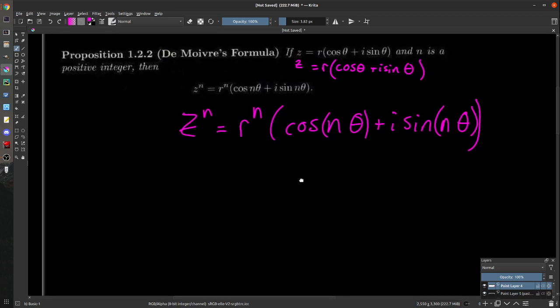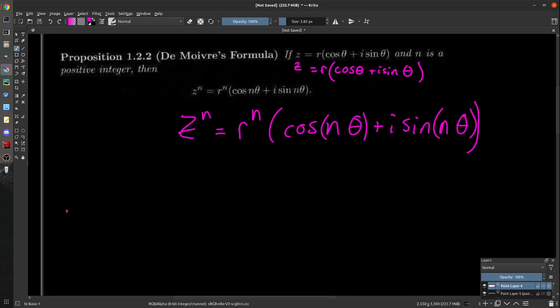So notice that if z is, say, an nth root of some complex number w, right, or omega, I don't know, I'll probably keep saying omega if I write w.